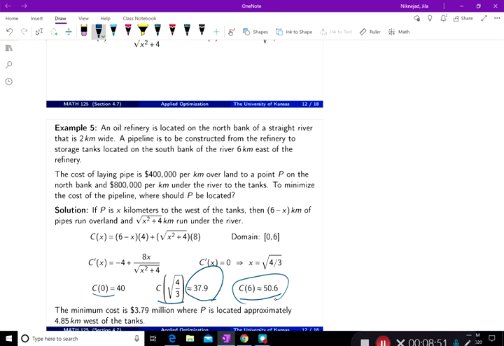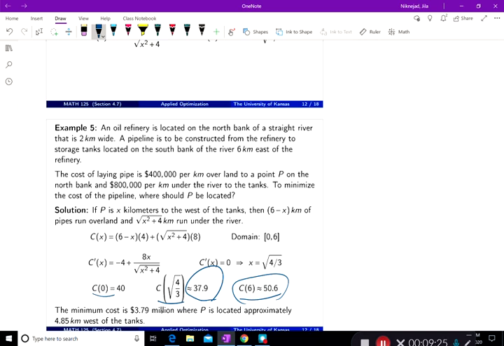The value is $3,790,000, approximately. Figure out what the square root of 4/3 is, and then use that to figure out T and L from the previous part and add them together, and you figure out how much length of pipe you're using.